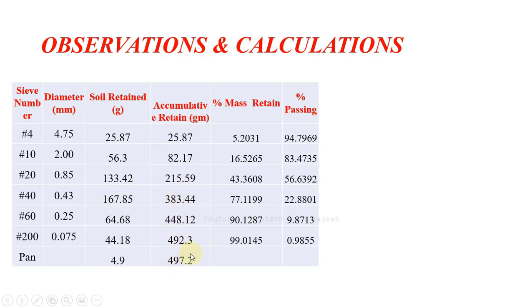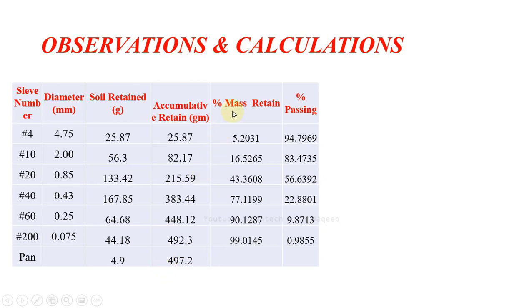Now you can see here the cumulative soil mass retained is 497.2 grams. It is possible that you might have taken a soil sample of 500 grams and after the test your cumulative soil mass retained is 497.2 grams, but you have to make sure that the loss of the soil sample is not more than 1%.